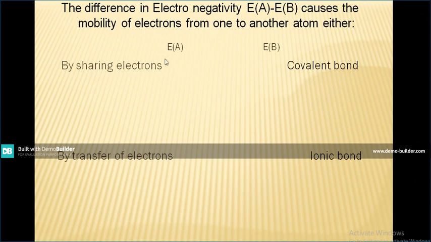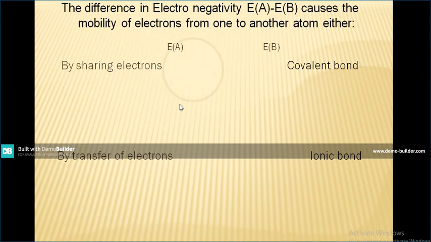This difference of electronegativity between two atoms will determine whether the electrons will be shared between those two atoms or transferred from one atom to another.